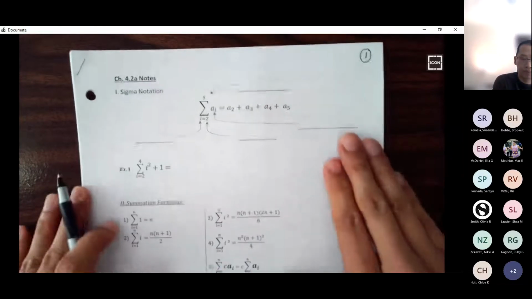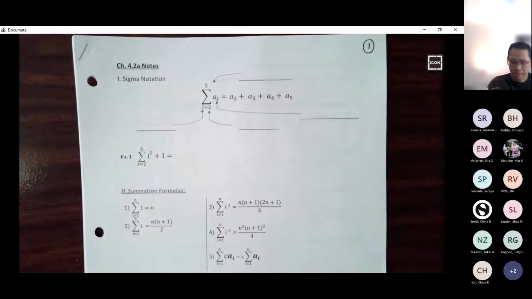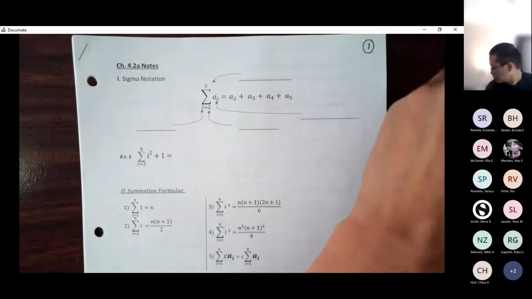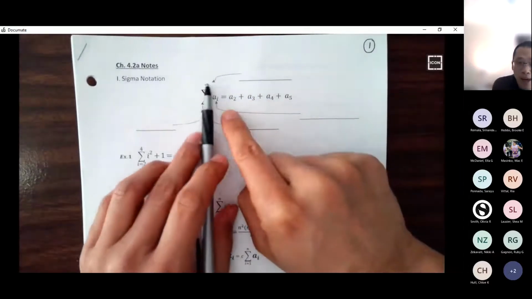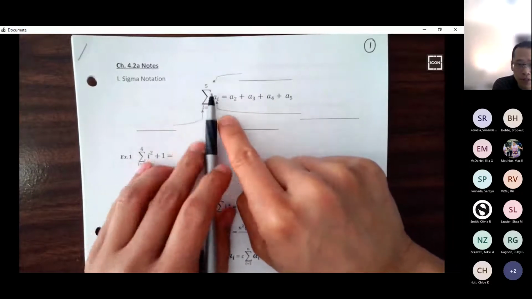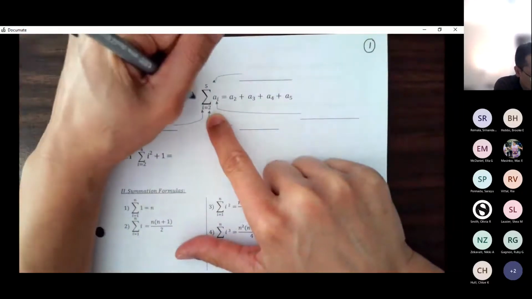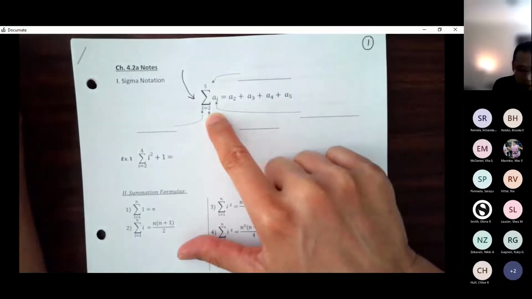Okay. So, sigma notation. You've seen this before, but we're going to just review this. Sigma notation is a notation that represents the fact that we want to add a bunch of terms together. That's all this means. It's a shorthand form of representing the fact that we want to add a bunch of terms together.